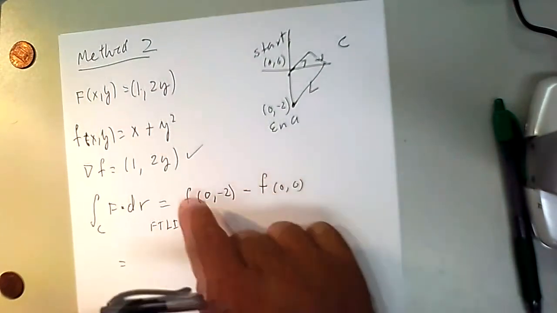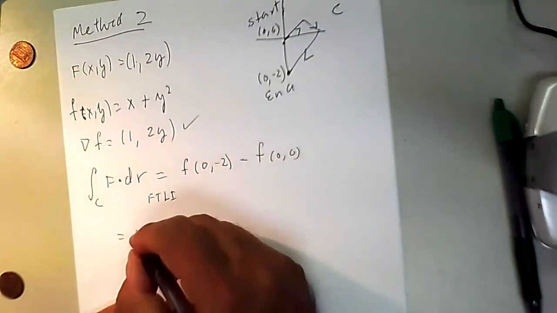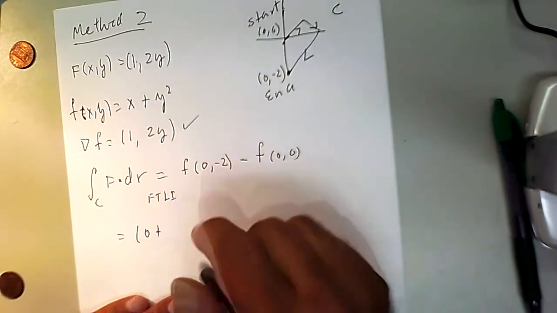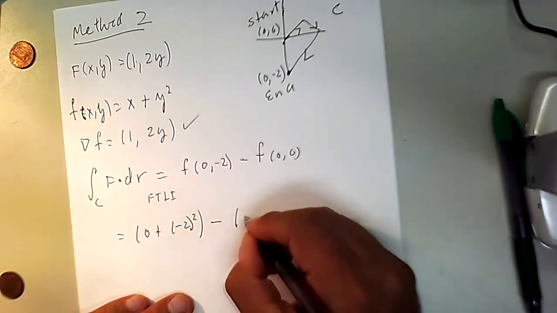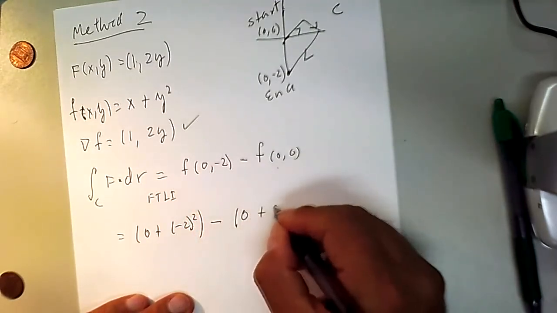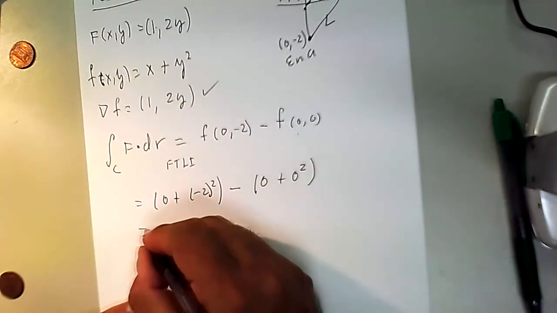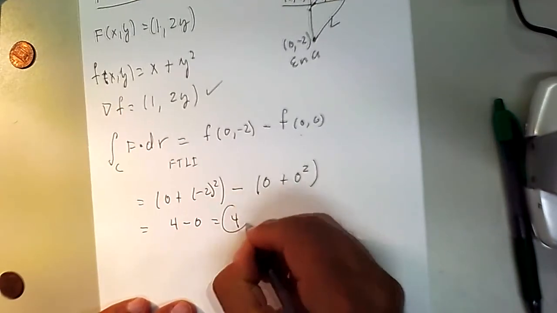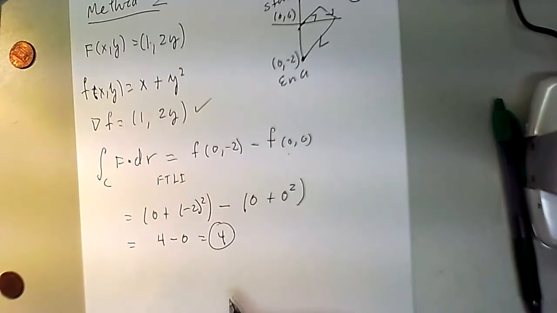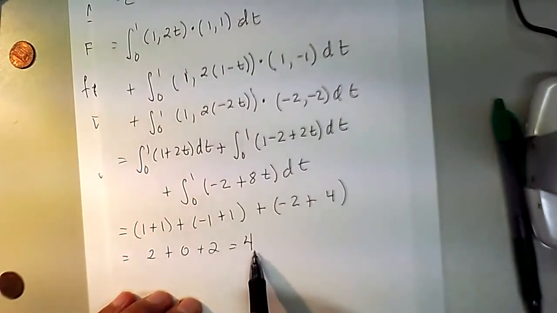Okay, and so the function calls for whatever the x is plus whatever the y is, square it, minus whatever the x plus square the y. And that's going to be 4 minus 0, 4. Whoa.